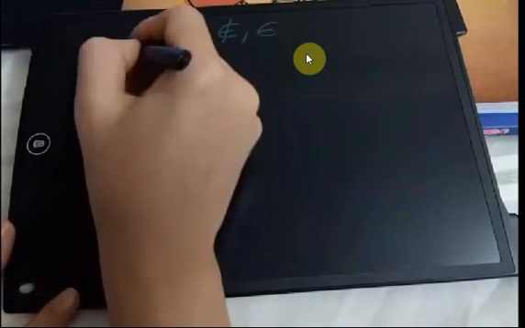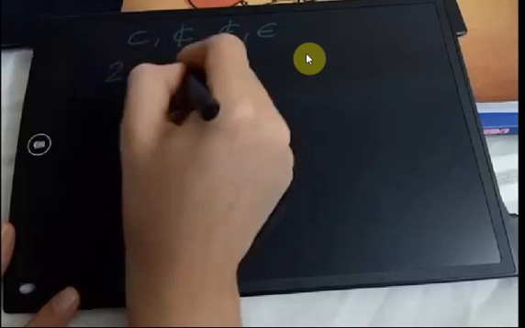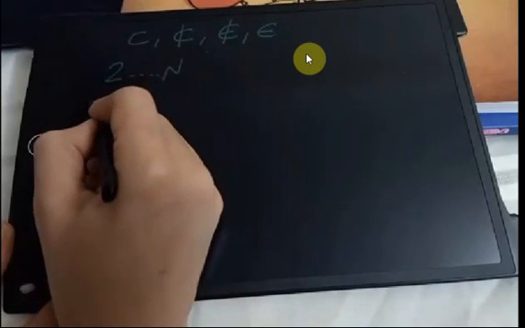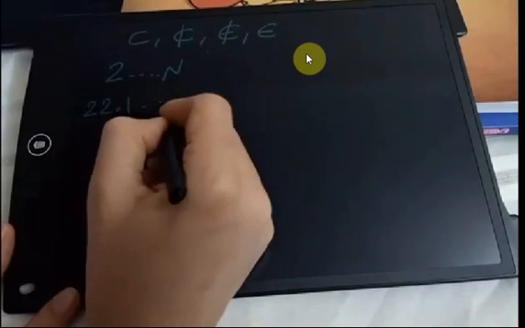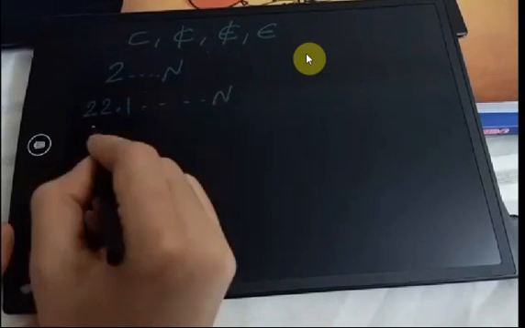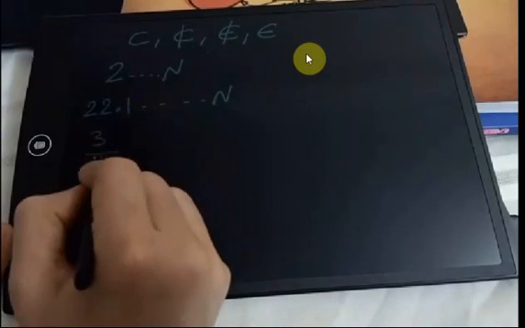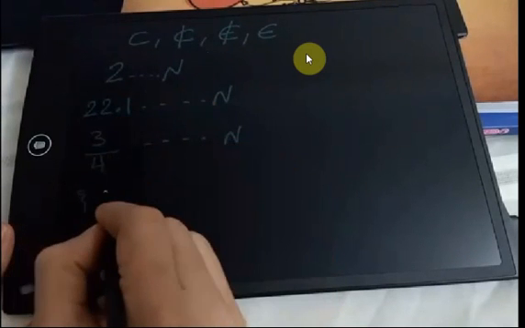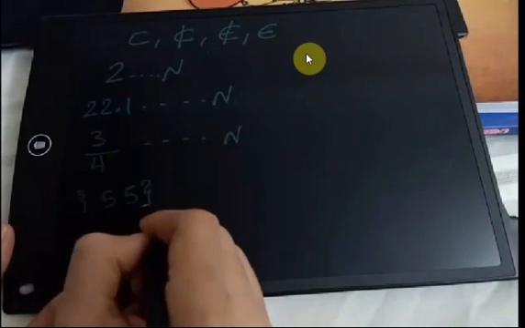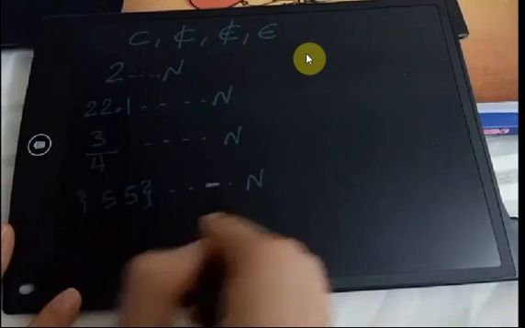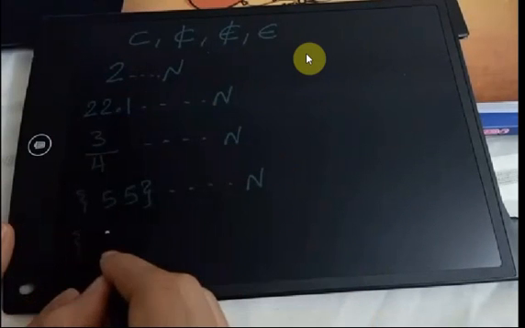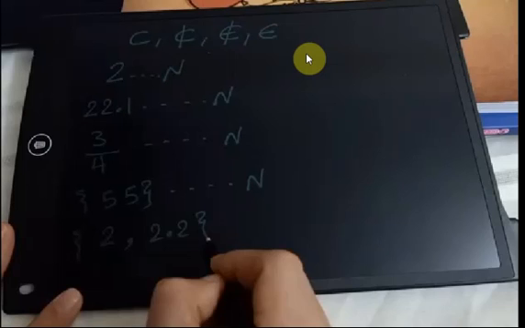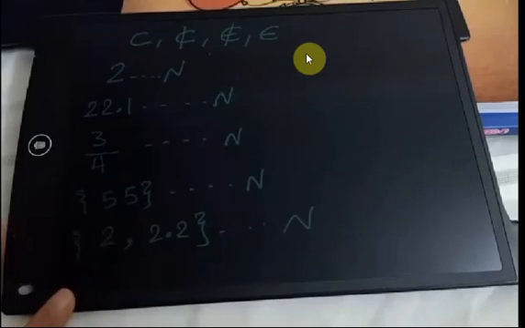The first one is 2 and N, 22.1 and N, 3/4 and N, the set of 55 and N, the set of 2 and 2.2 and N.